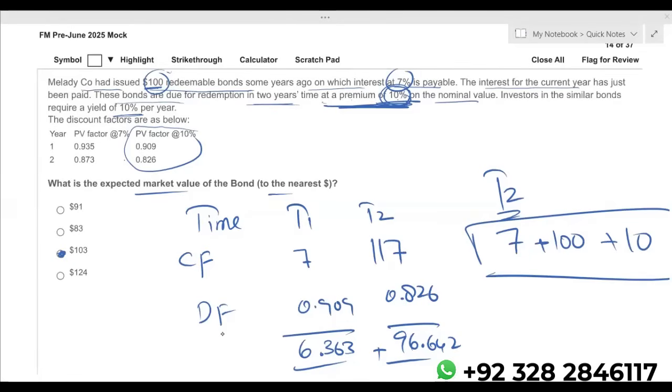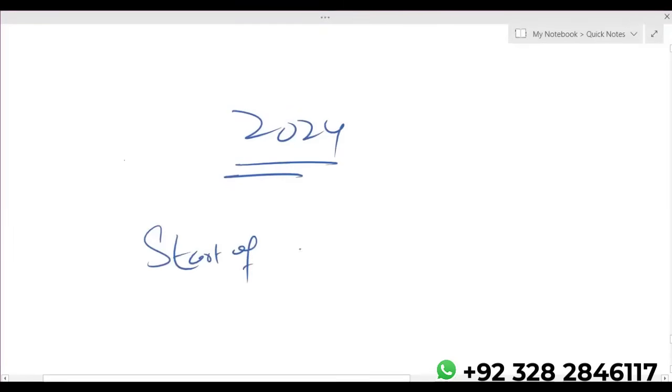The shareholders return. How do we calculate shareholders return? Look at this. 2024, assuming, if I'm saying start of 2024, share price is 20.